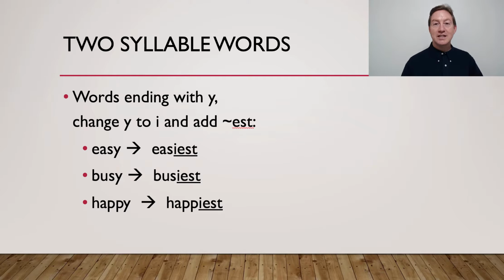Busy, we change by dropping the y and adding I-E-S-T. Thanksgiving Day is a relaxing day, but the day after Thanksgiving is the busiest shopping day of the year. And the last example, happy. We drop the y, add I, and est, happiest. She was the happiest in her life when her baby was born.